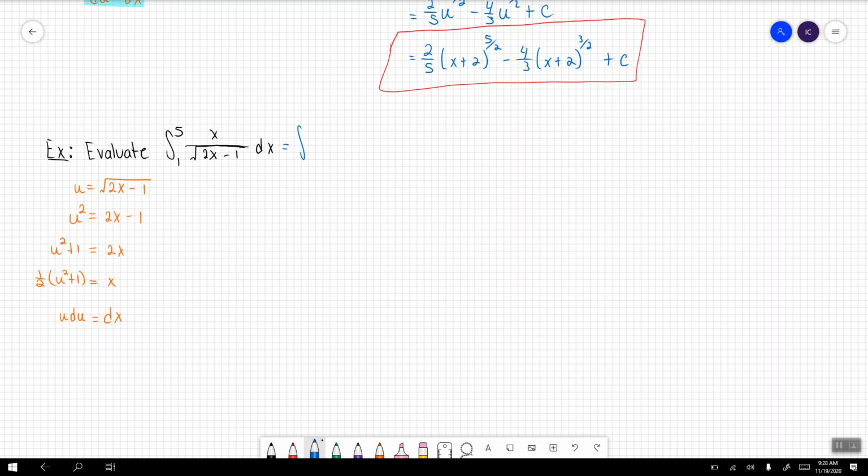Let's look at those substitutions. All right, I'm going to decompose all of this, my integrand here, so I'm just going to rewrite this. I have x multiplied by 1 divided by the square root of 2x minus 1, and that's still dx.